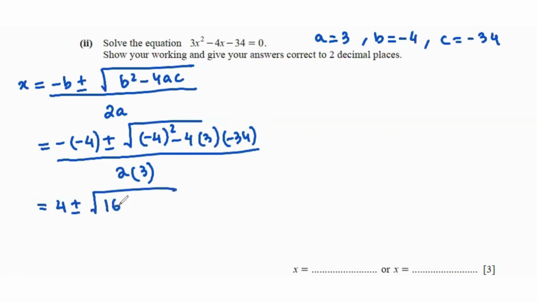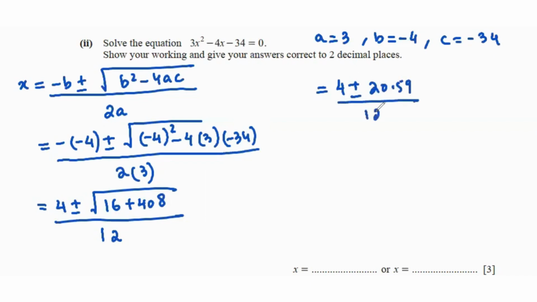square root of 16 plus 408 over 12, which is 4 plus minus 20.59 divided by 12.